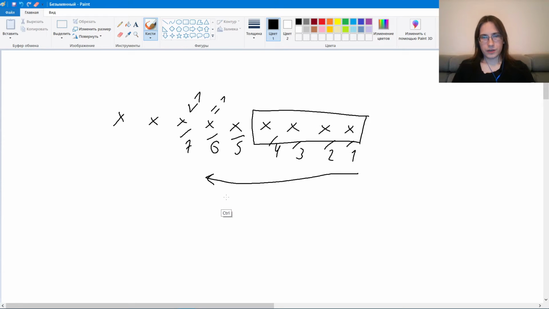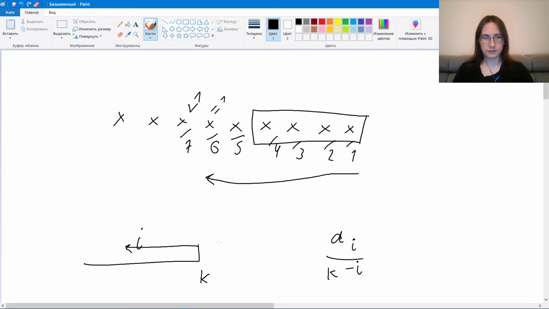Now let's write it strictly using algebraic expressions. Now let's say we consider the prefix of length k of our original sequence. Then during this process, the ith element will be divided by k minus i when we go from right to left and extend our suffix.